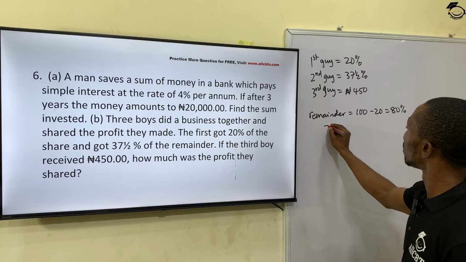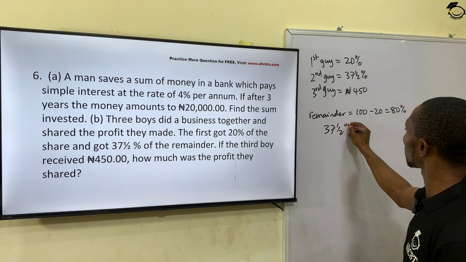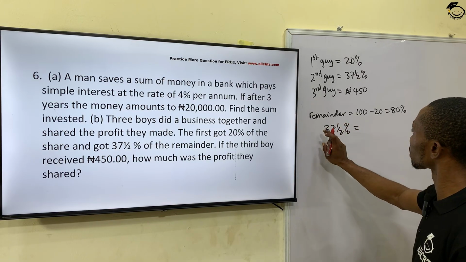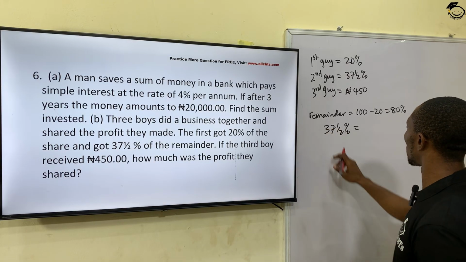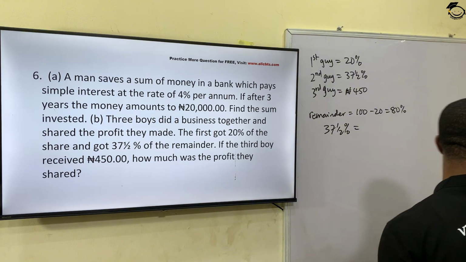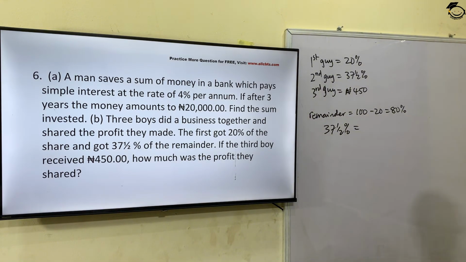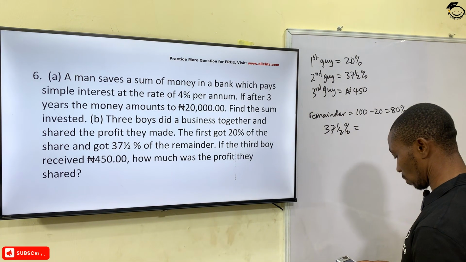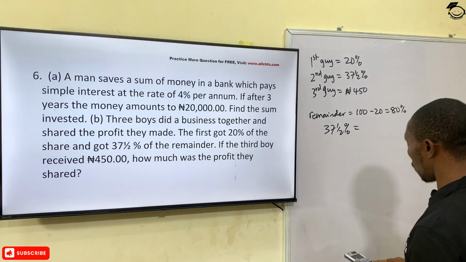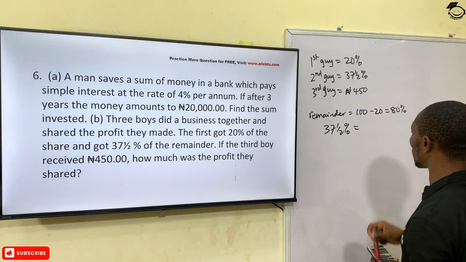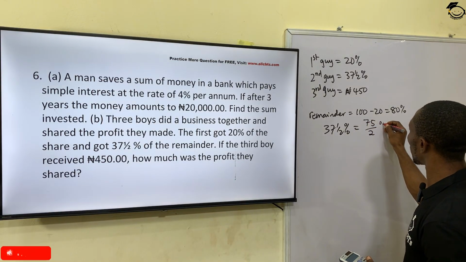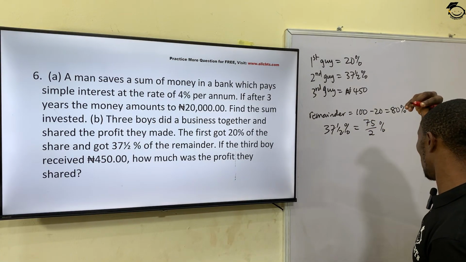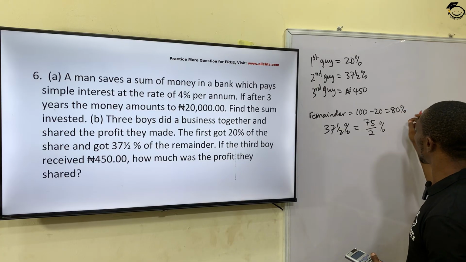37.5% would be 37 times 2, which gives 74 plus 1, which is 75, so 75 over 2 percent. Now, of 80%.